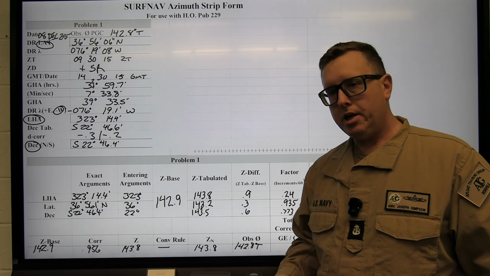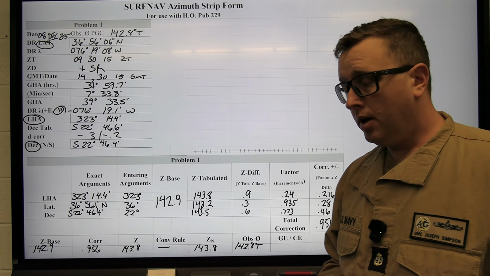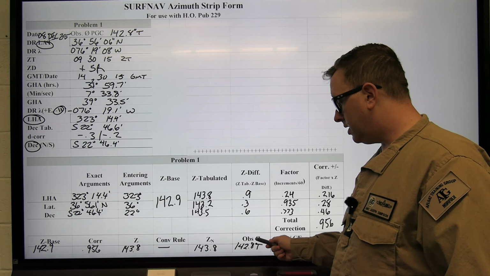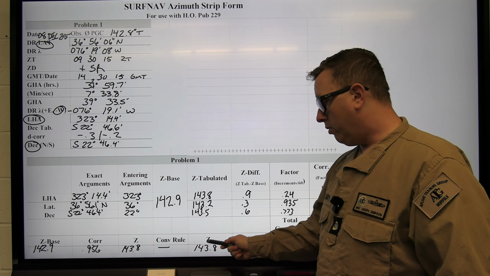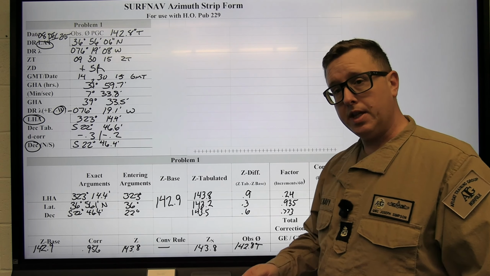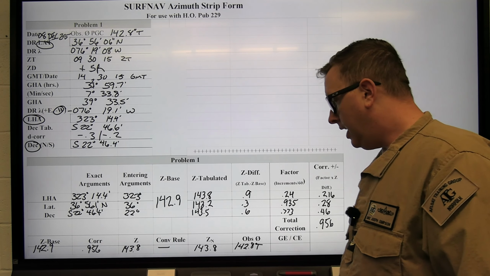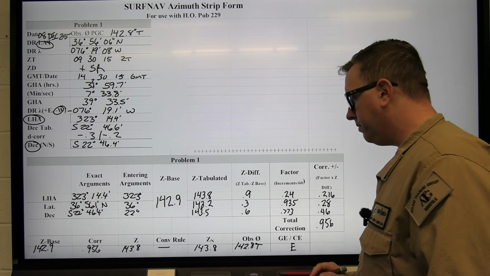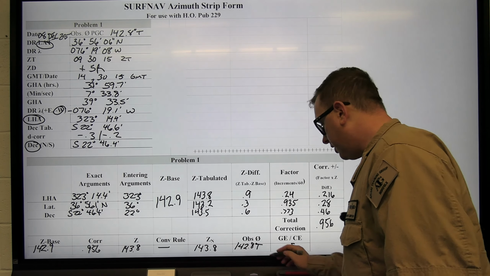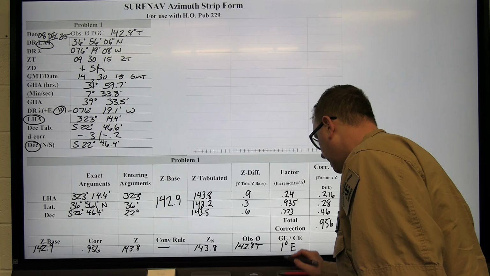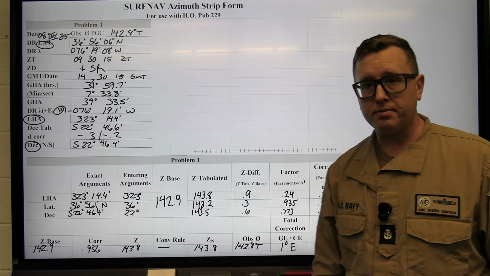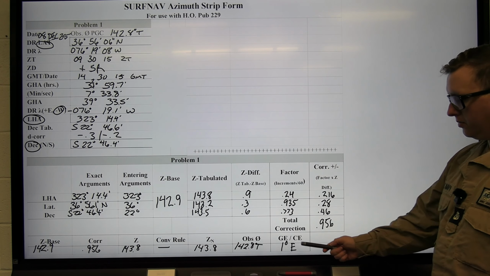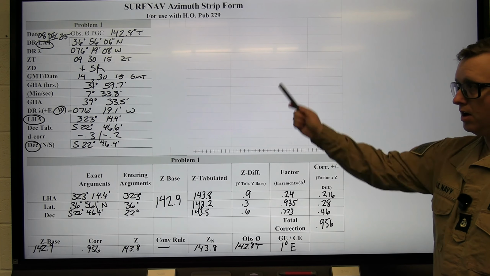When it's talking about the gyro, it's talking about what you observed. Whatever your gyro compass said. Our gyro compass said 142.8. 143.8 is higher than that, so the gyro is least, telling us it is an east value. It is 1 degree, and that's your gyro error. Our gyro error is 1 degree east based off all this information.